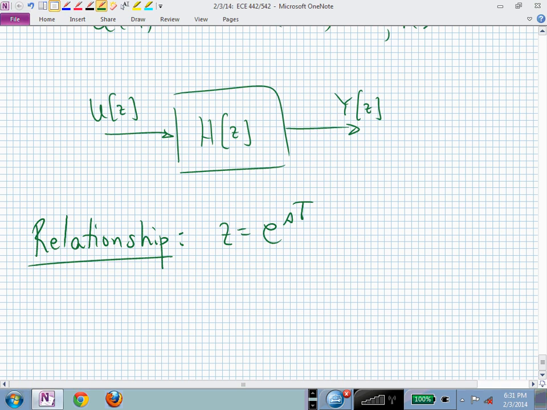If we're interested in sinusoidal steady state, then we need to look at what's happening right along the imaginary axis in the S domain or the S plane. But if we replace S with j omega, now we have this e to the j omega t.